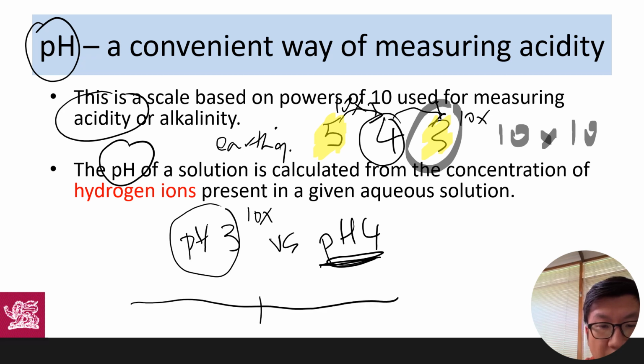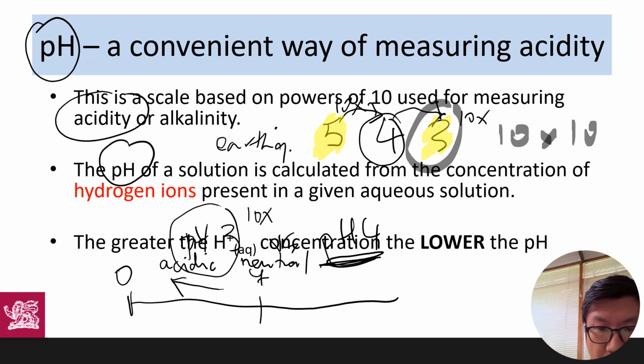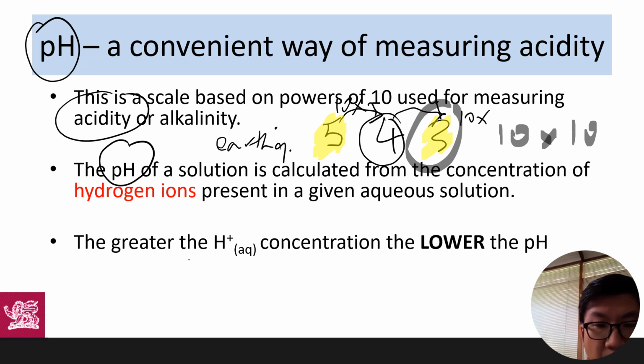So on the pH scale, where we have 7 for neutral substances, as we go towards 0, substances are considered to be more acidic. So the smaller the number, the more acidic the substance is. And there you go. So it's an inverse relationship.